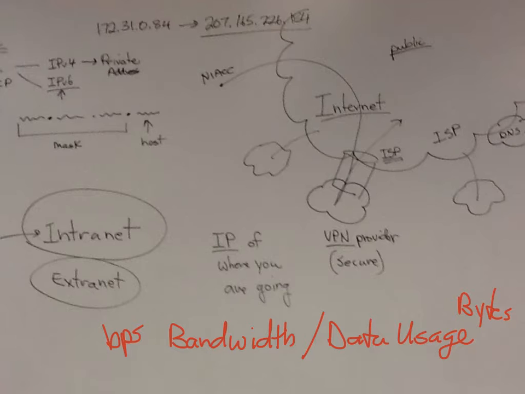ISPs allow so much speed to go through the pipe, how big the pipe is, and they can also measure how much you're actually sending through and put limits on that too. They work both ways, and usually those determine cost. If you want more bandwidth or more data, you'll pay more.